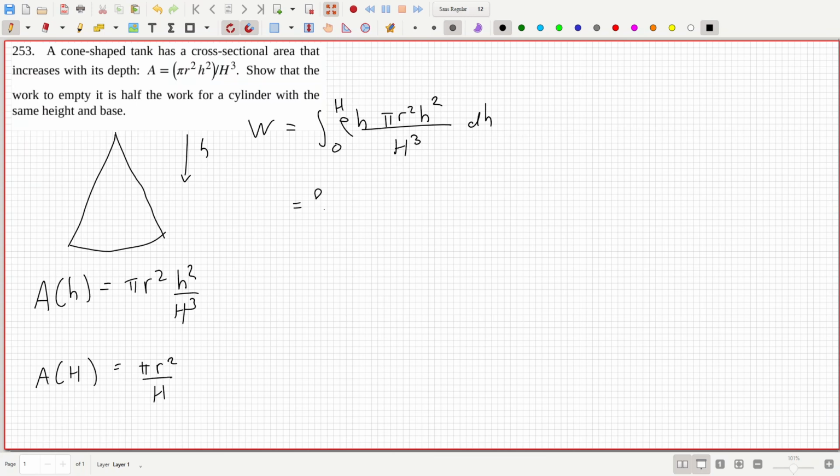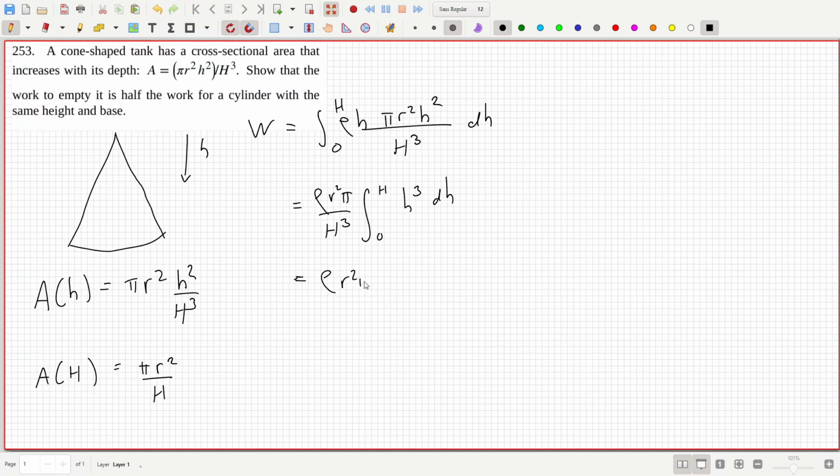So that would be rho pi over h cubed, 0 to h. The r squared comes out as well. So that's h over 4.